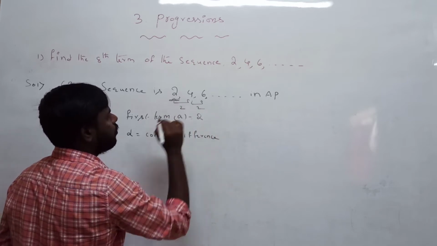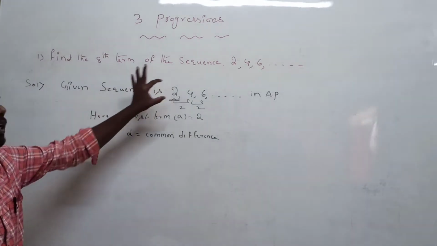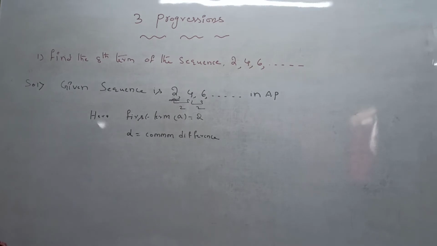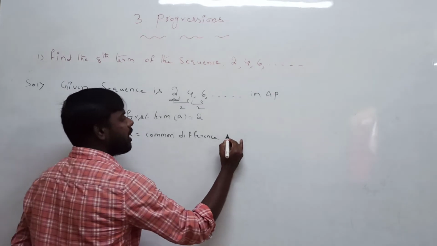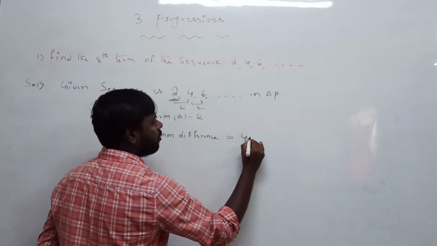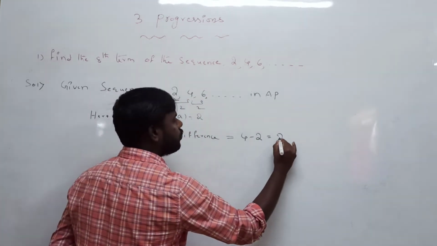Between these two also 2. Any difference between any two terms is the same. Common difference means any term minus the term before it. Taking 4, 4 minus 2 is equal to 2.